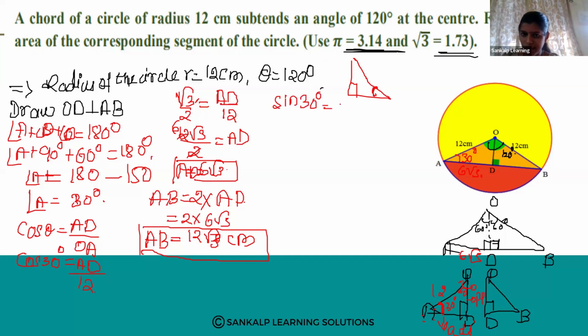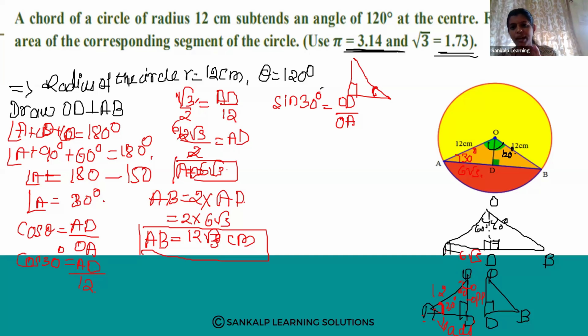OD is the opposite side, divided by hypotenuse OA. Why do we choose sin theta? Theta is here, and opposite to angle theta is OD, and we need the OD value. Also we know the value of hypotenuse. So opposite divided by hypotenuse gives sin theta. Here we know the value of theta and also the value of hypotenuse.